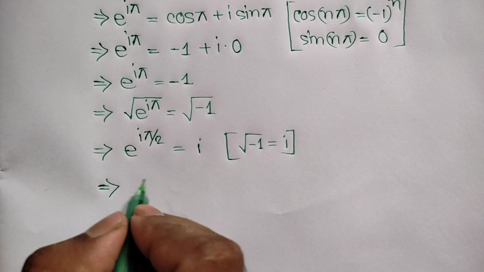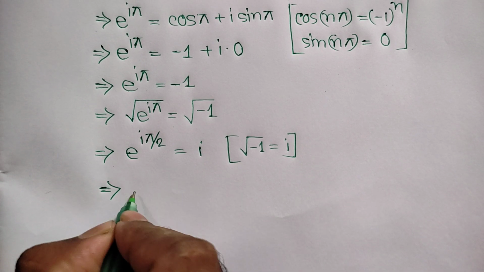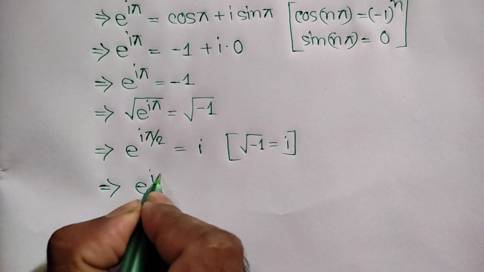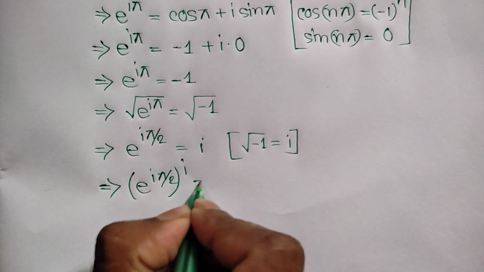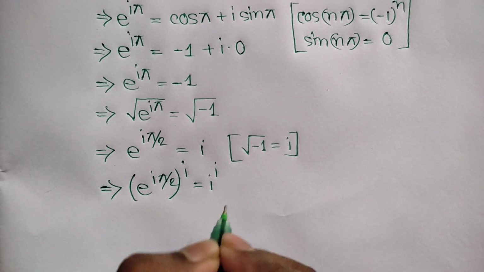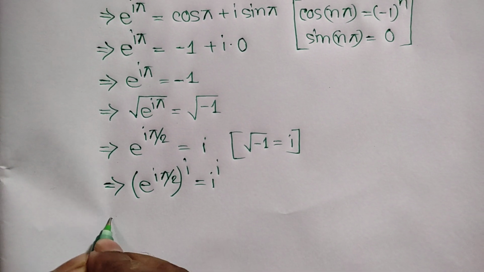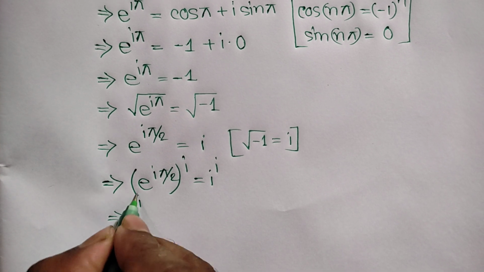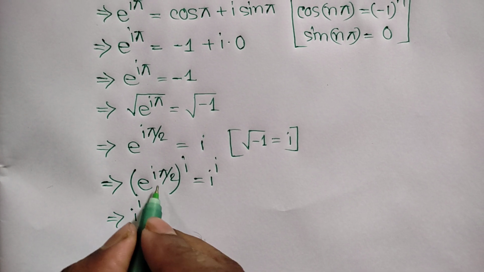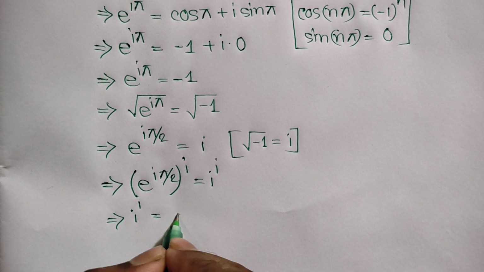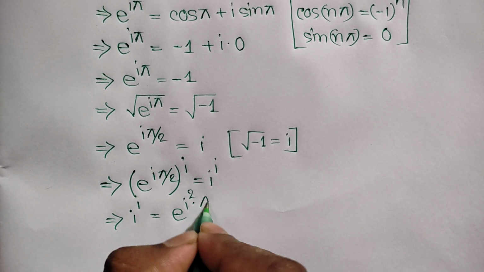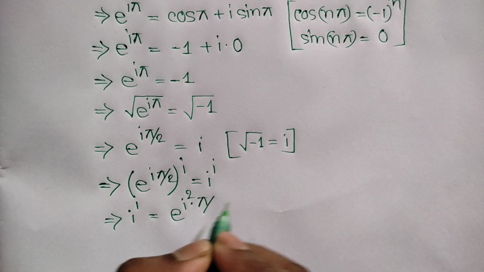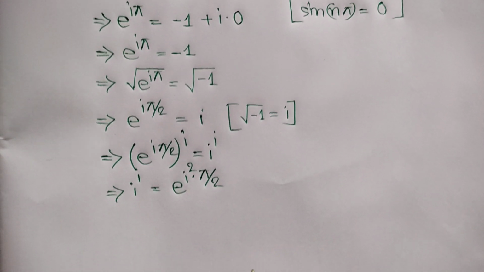Or if we raise both sides to the power i, we can write here (e to the power i pi by 2) whole to the power i is equal to i to the power i, or i to the power i is equal to e to the power i squared times pi by 2.